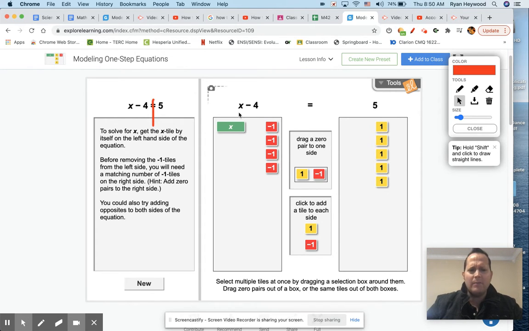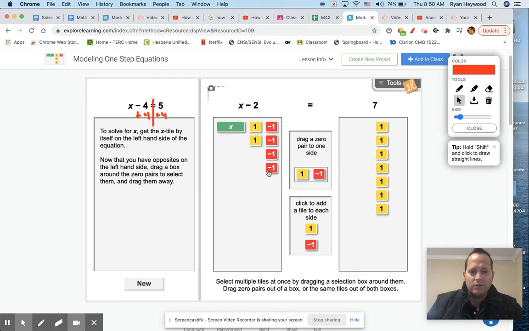That sounds a little bit complicated, but all this means is, what is the opposite of taking away 4? The inverse of taking away 4, or the opposite, is adding 4. But we have to do that to both sides. So we take 4 of these, 1, 2, 3, 4. And we see that we have x, and then we have these 4 0 pairs.